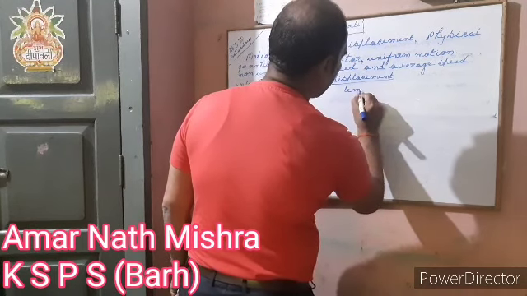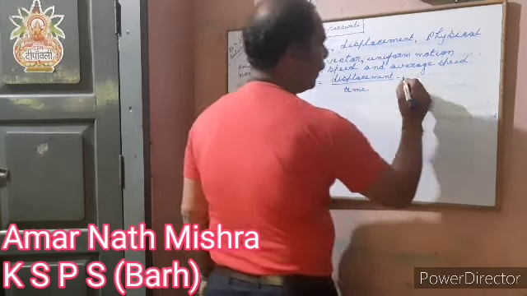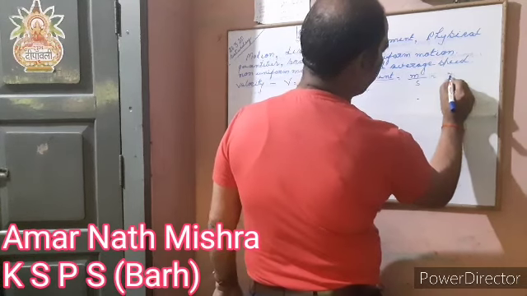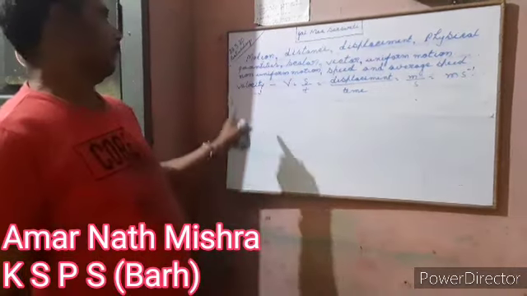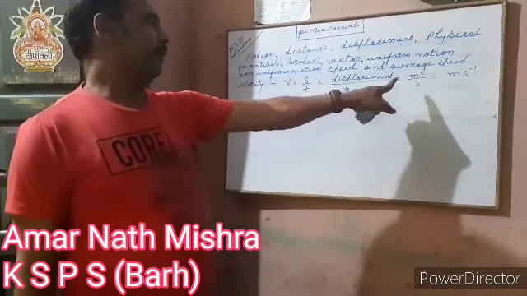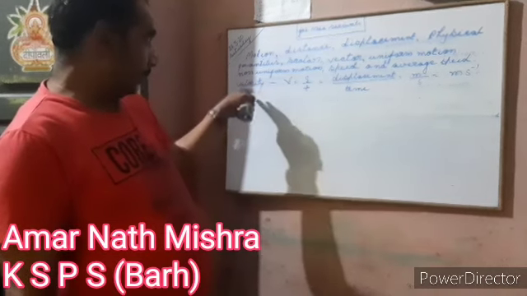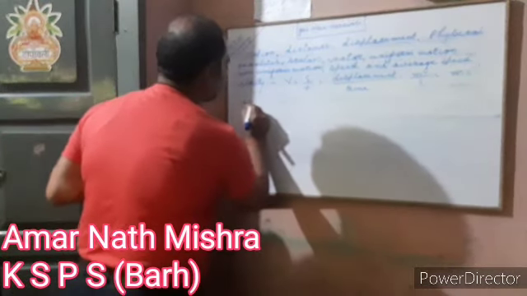So the SI unit of displacement is meter and time is second, meter per second. Velocity, displacement, meter per second. So now another term, average velocity.